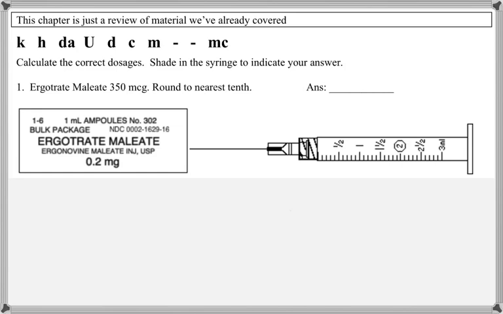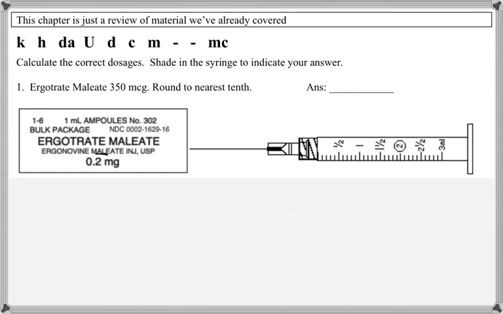Sometimes, not often, you have to put together the rate yourself, so the solution strength, because if you look at the label here, we don't see any slash, we don't see any per, we don't see any contains. It's not a tablet, so we actually have to put together the solution strength or the rate ourselves.